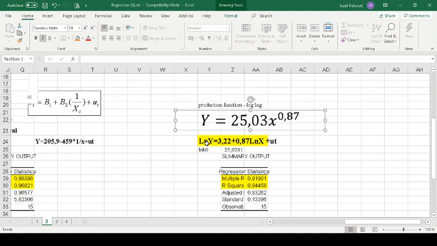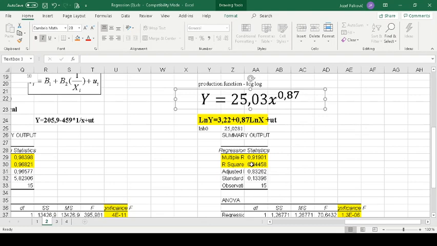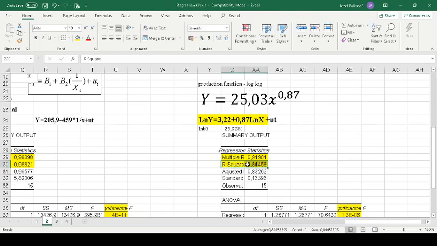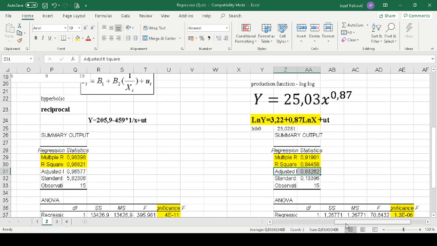So every time use data analysis regression and select only variables which are included in the function you would like to estimate. And the best function could be selected using R square, or to make it even more correct, you could use adjusted R square in case the functions have different numbers of explanatory variables.